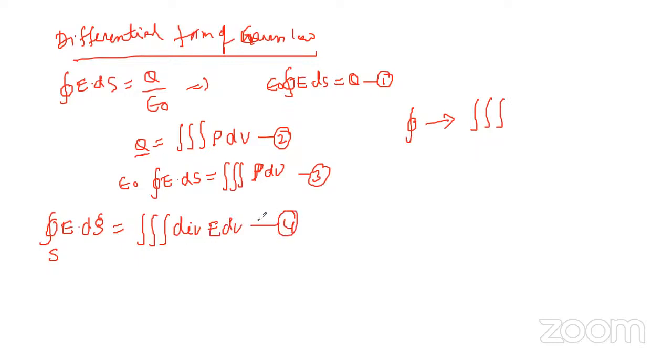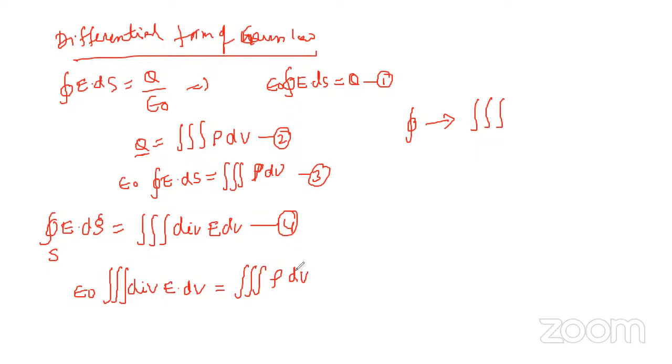Now substituting equation 4 in equation 3, what you get is epsilon naught times the triple integral of divergence of E dV, which equals the triple integral of rho dV.